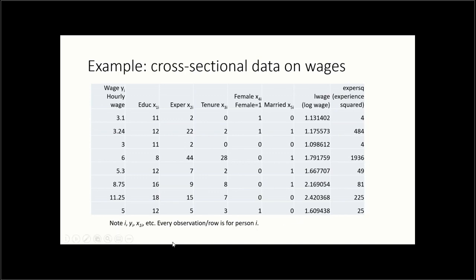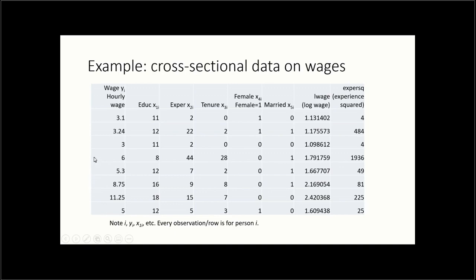So note here the notation of i, y_i, x1_i, and so forth. So y_i is the value of the dependent variable for the ith observation or the ith row in the data, or for the ith person.